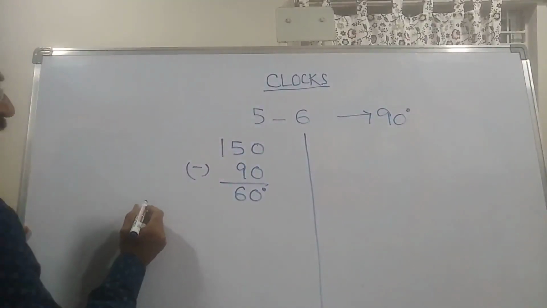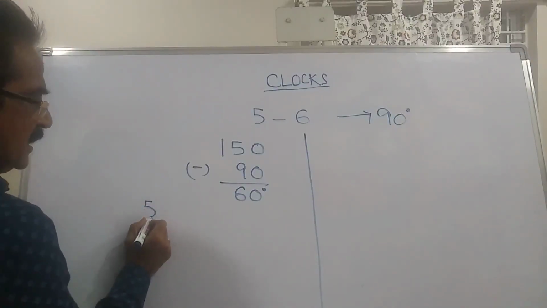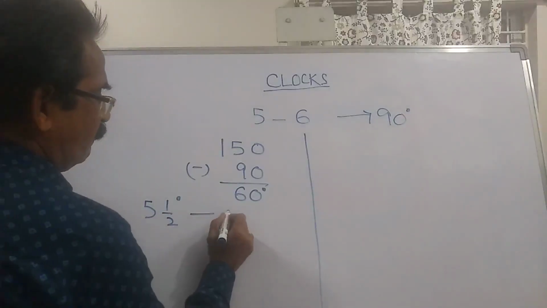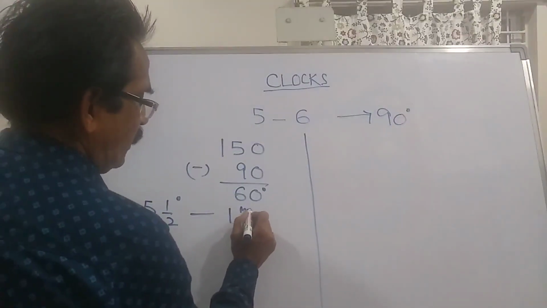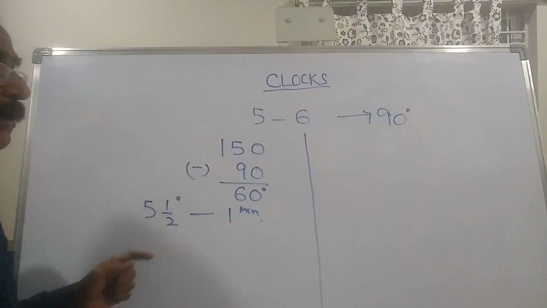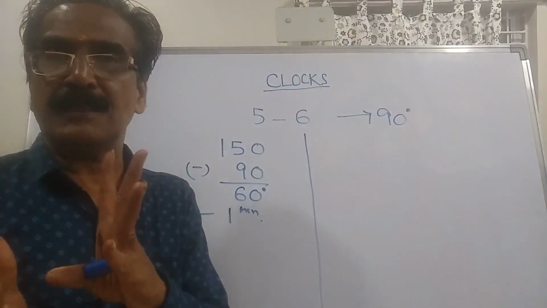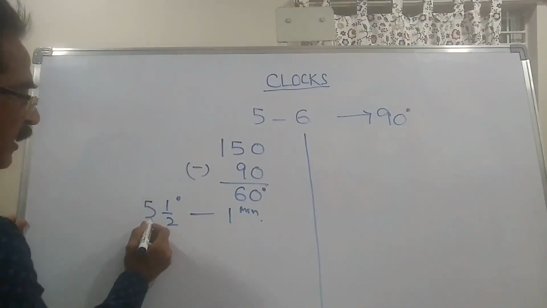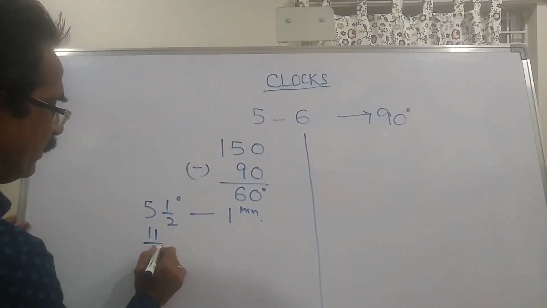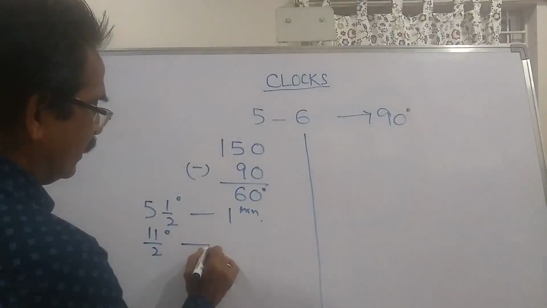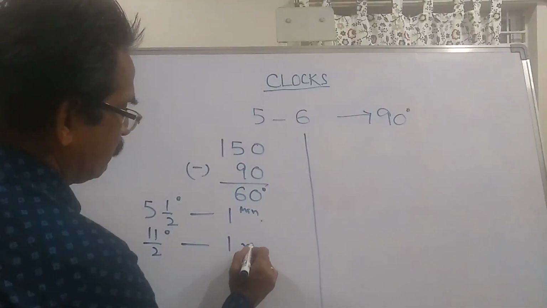So 5.5 means 11 by 2. For a reduction of 11 by 2 degrees, 1 minute time must pass.